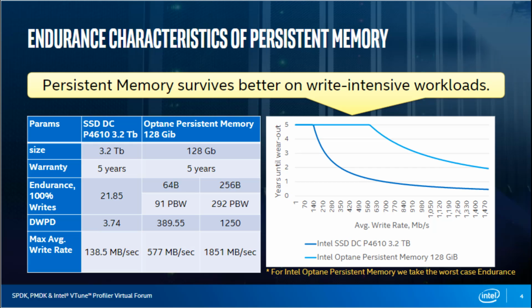Usually when we talk about endurance, it is described using two characteristics which can be calculated one from the other. The first one is endurance, and usually it's expressed as the amount of petabytes that can be written to the device before it wears out. I hope you know that the lifespan of a storage device is limited by the number of writes we can do to this device.